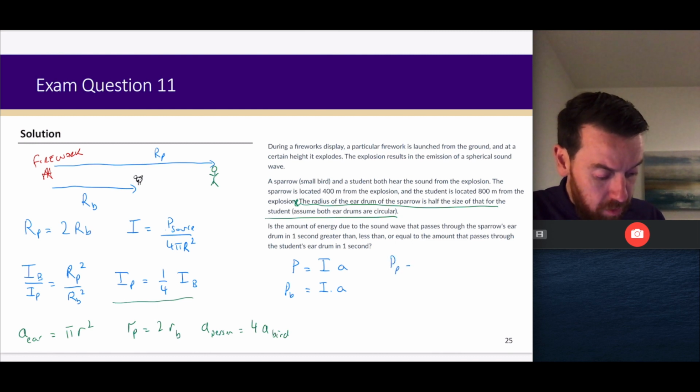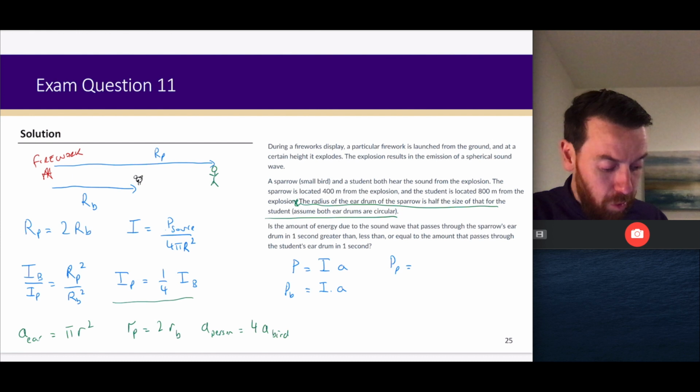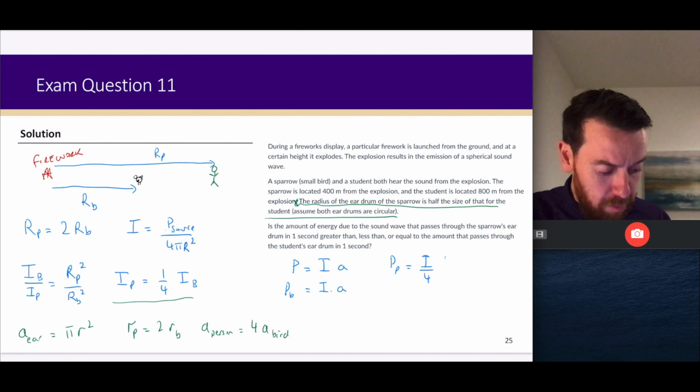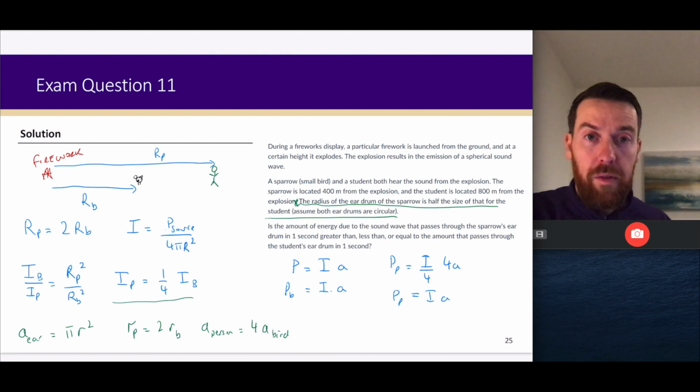So the person receives only 1/4 of that I. So if I say that the bird is experiencing some sort of intensity I, the person is only experiencing 1/4 of that, but the area of the person's eardrum is 4 times larger. So I get the same quantity for the amount of power that's passing through, which is basically the amount of energy that's passing through every second.